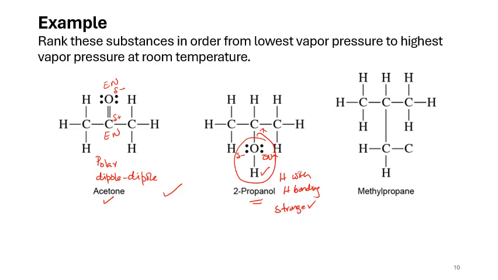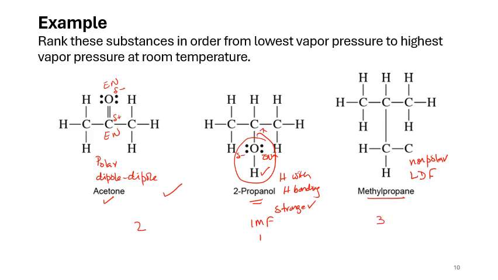And the last one here, methyl propane, I don't see an element with a huge electronegativity difference, so I would take it as a non-polar molecule. In the non-polar molecule, I will have only LDF, or dispersion forces. So which one has the stronger IMF? This one is strongest, then the second one is this one, and then the third one is here.